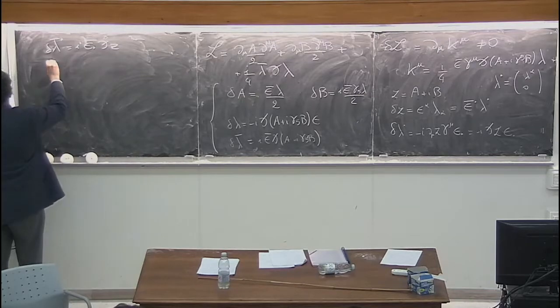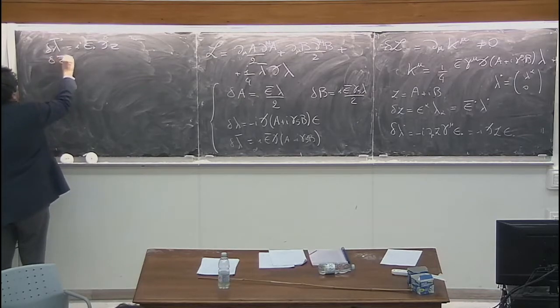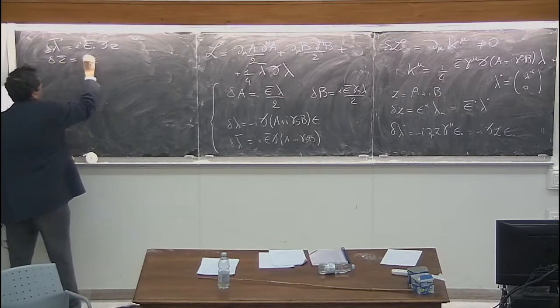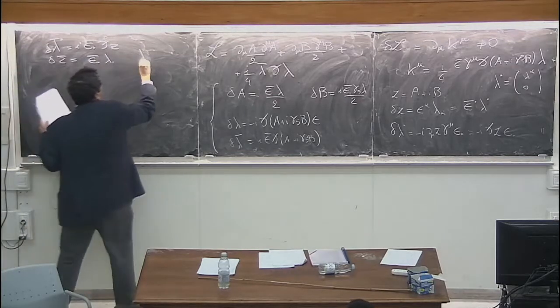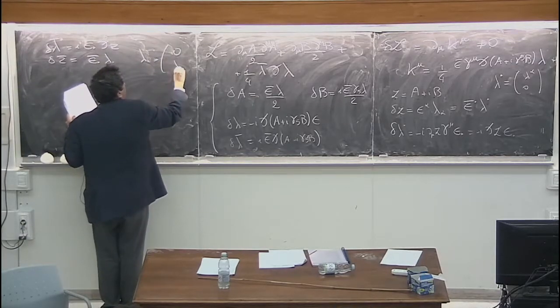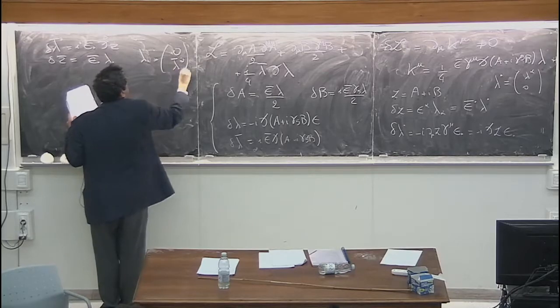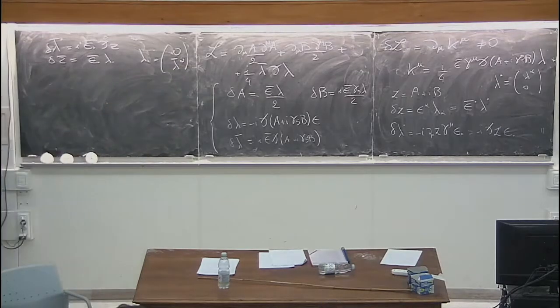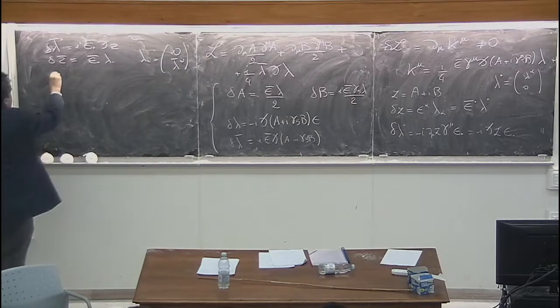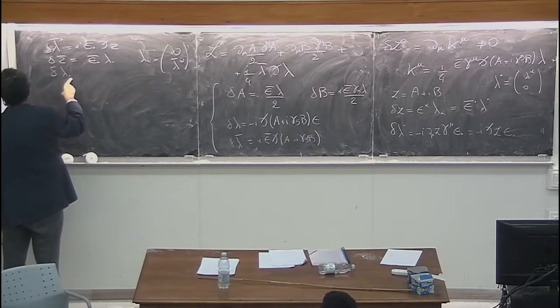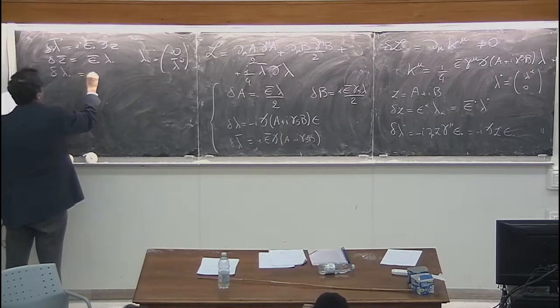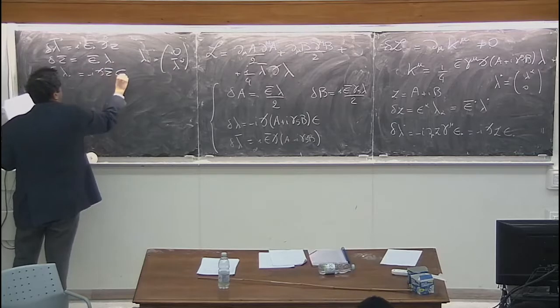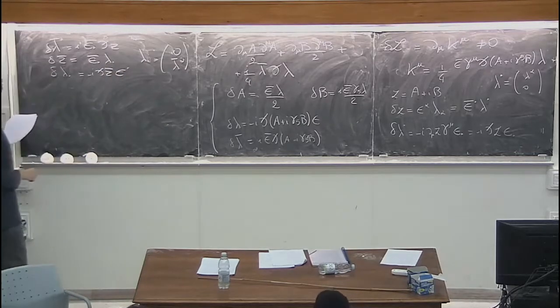So similarly, δZ bar transforms in the opposite component, lambda bar alpha dot. Okay? It is the other way around. δlambda dot here is equal to minus i ∂-slash Z bar epsilon dot here. Okay.